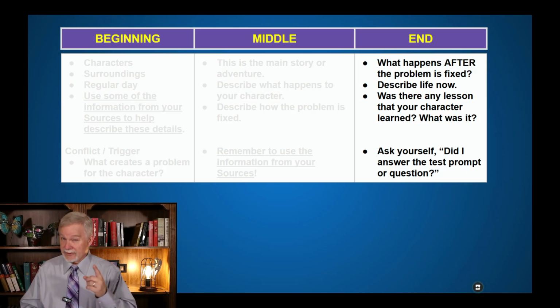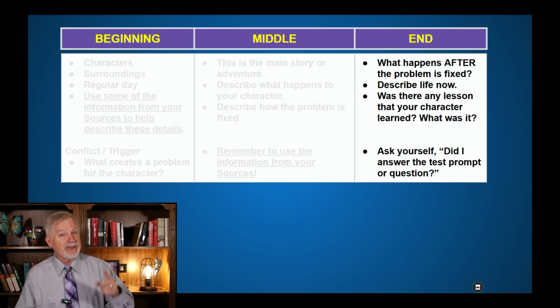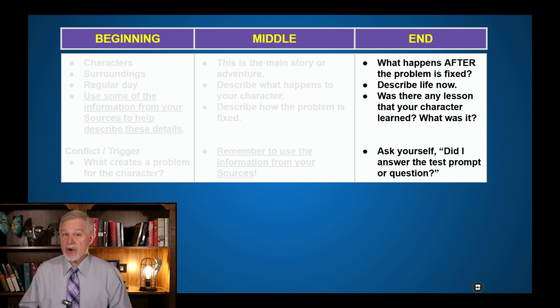Sometimes, if you're really clever, maybe there's a lesson that can be used in your writing. You're not going to just write a story, but maybe your story has a good lesson in it. Maybe for this example, you can tell the reader, this is why teamwork and working together is so important in a family.